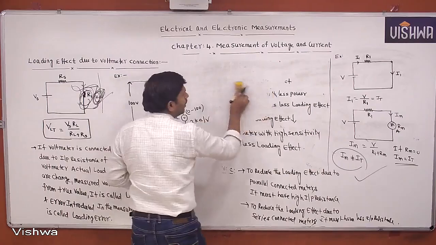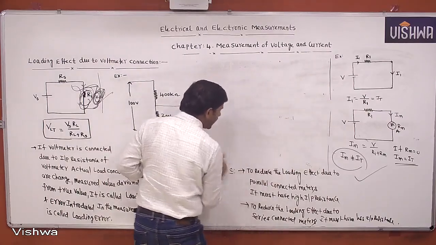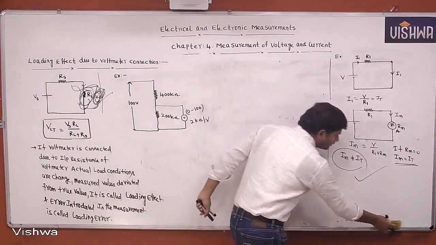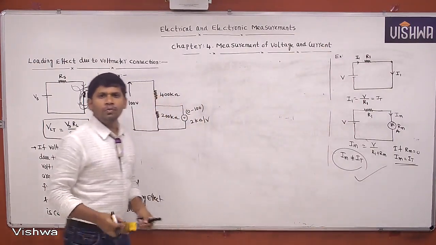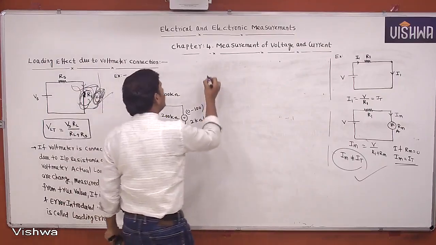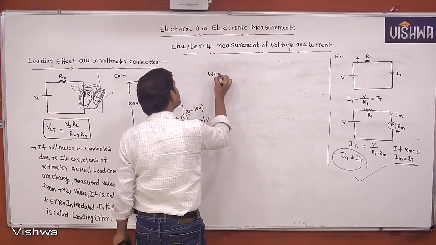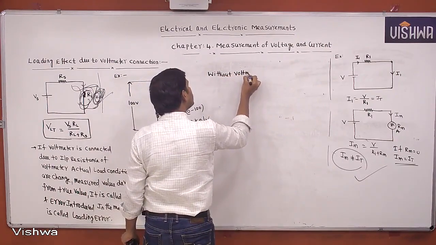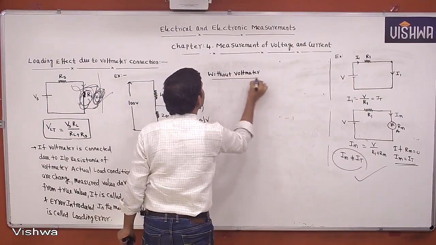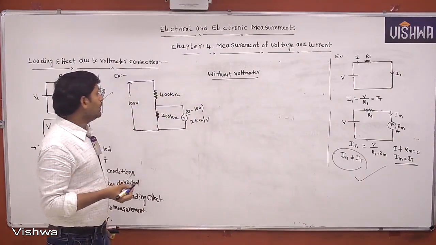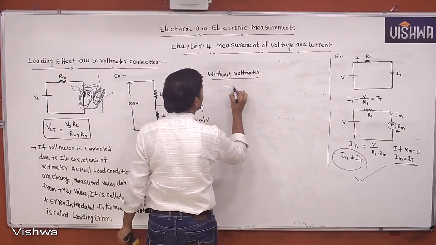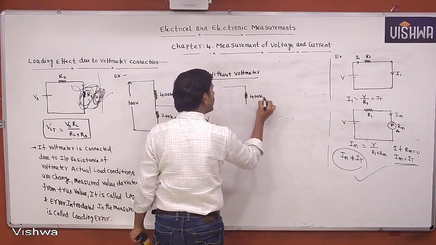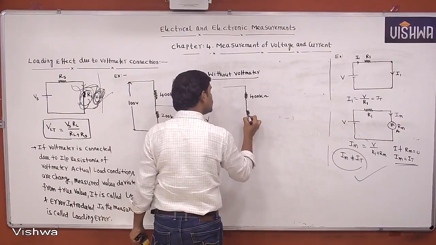First, how can we get the true value? Tell me, how can we get the true value, without voltmeter or with voltmeter? Yes, without voltmeter we can get the true value. First, you solve this circuit without voltmeter. This is 400 kilo ohms, this is 400 kilo ohms, and this is 200 kilo ohms.